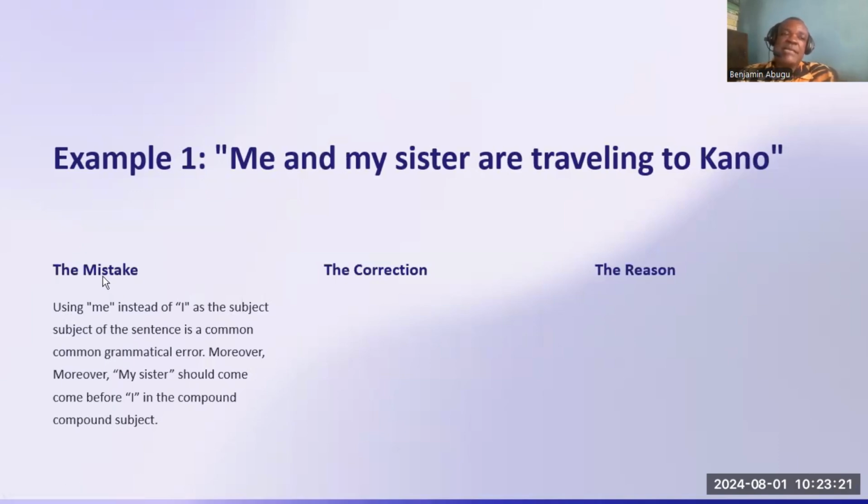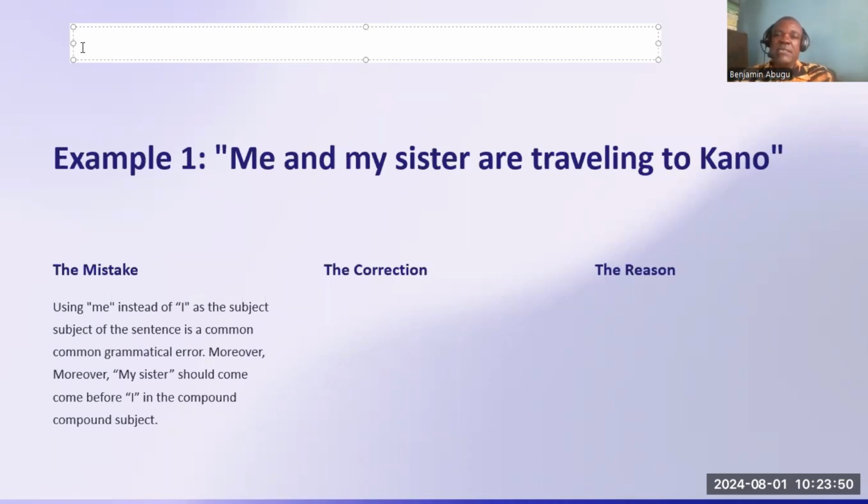And we can understand this if we try. Let me explain this to you. You know, I is a subject, me is an object. So we have 3 cases of the pronoun: the subjective case, the objective case, and the possessive case.